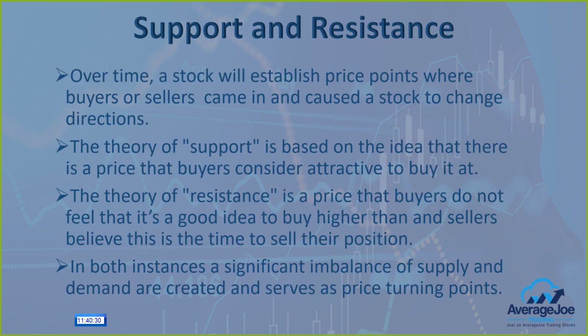Over time, a stock will establish price points where buyers or sellers came in and caused the stock to change directions. Meaning, if it was going down, buyers came in, overtook the sellers, or we ran out of sellers, and buyers just started buying up the stock, and it started going up, and vice versa.